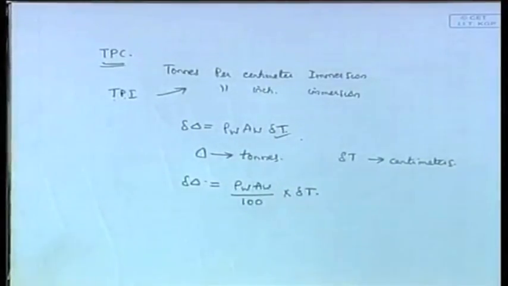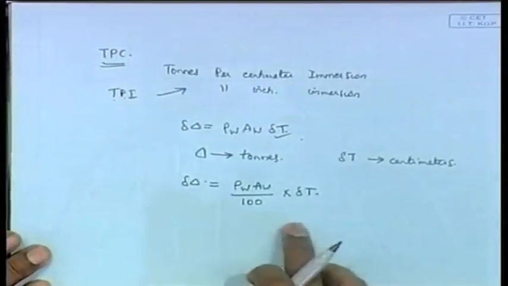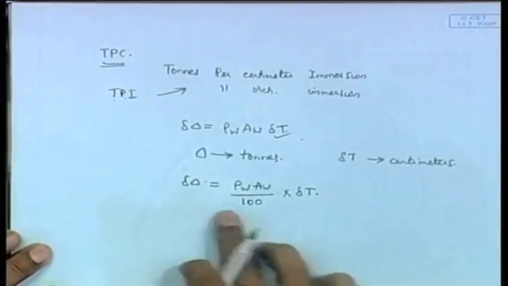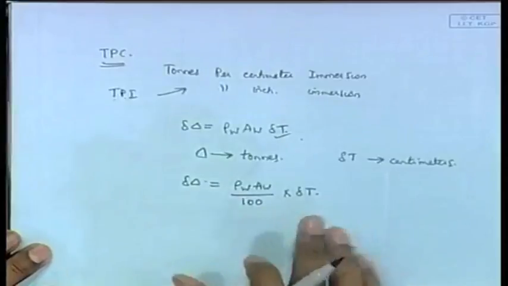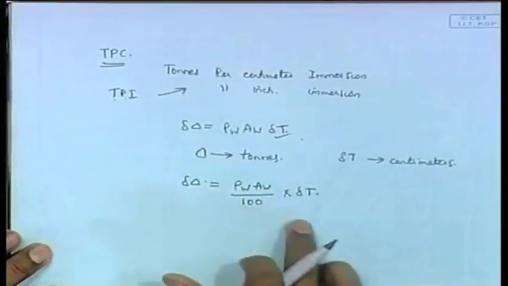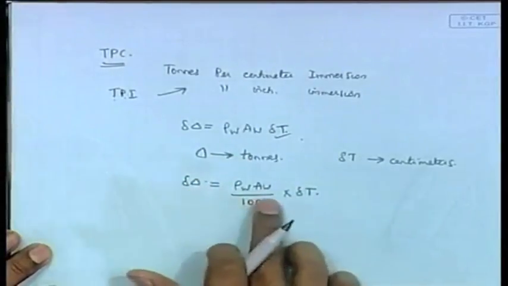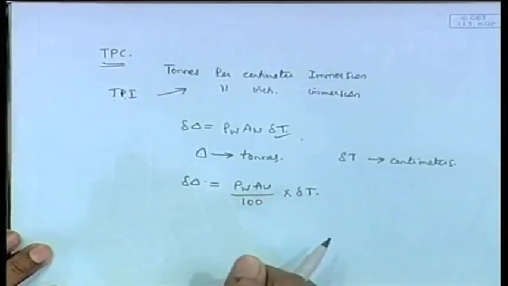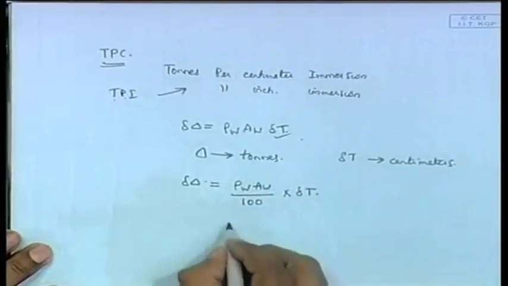Okay, that conversion, when you do that, gives everything in meters and newtons. So, this is your expression for delta, provided delta is in tons and delta t is in centimeters. This is called TPC.